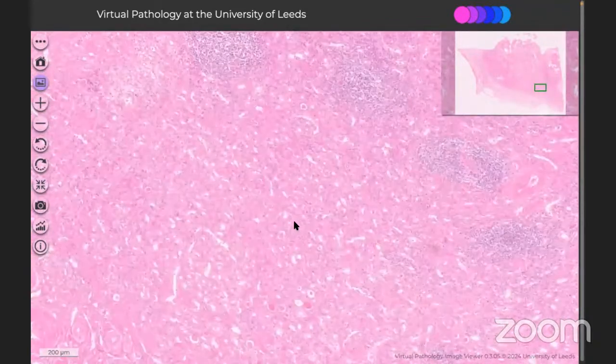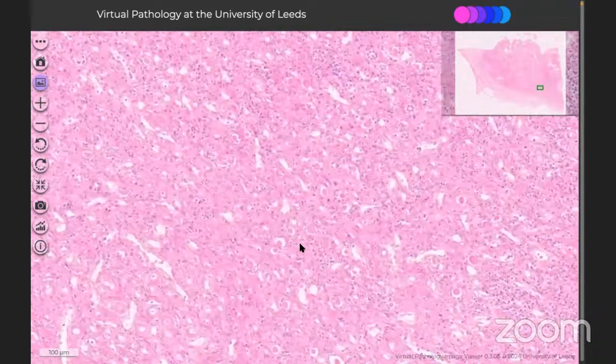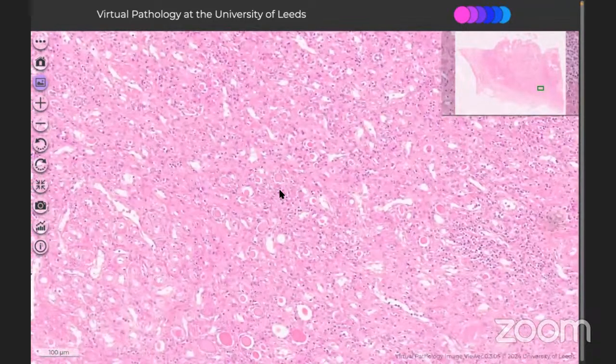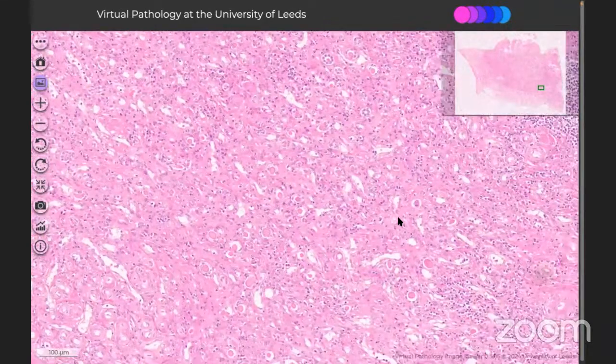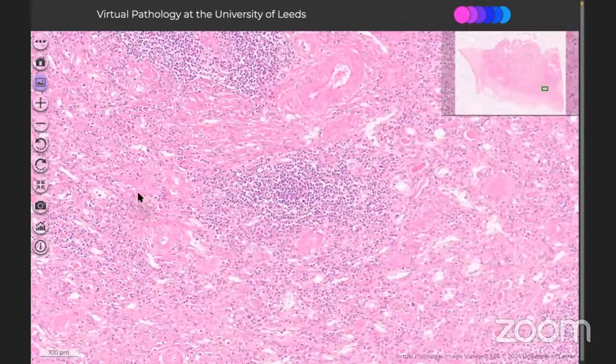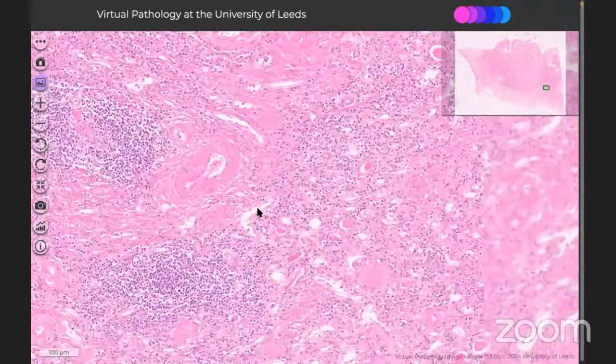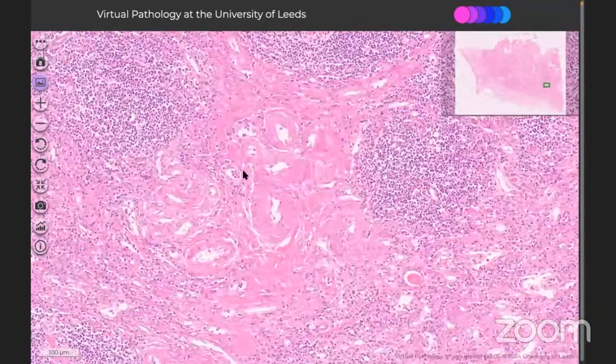The tubules and interstitium are quite inflamed. The tubules are showing features of atrophy. The interstitium is showing features of fibrosis over here. The vasculature shows medial hypertrophy, which is a feature of hypertension in this patient. So this is quite a bunch of vessels with medial hypertrophy.